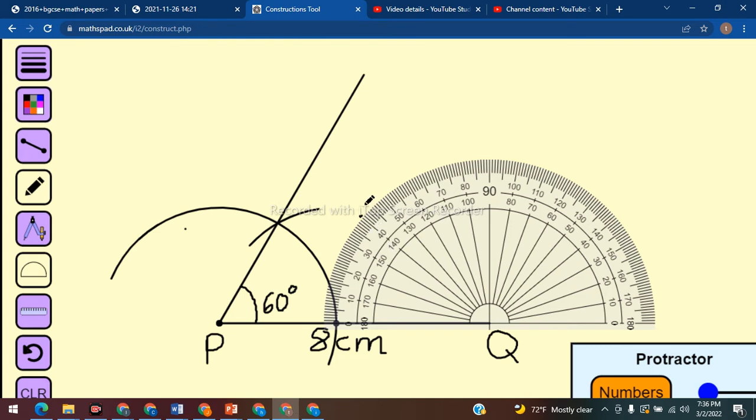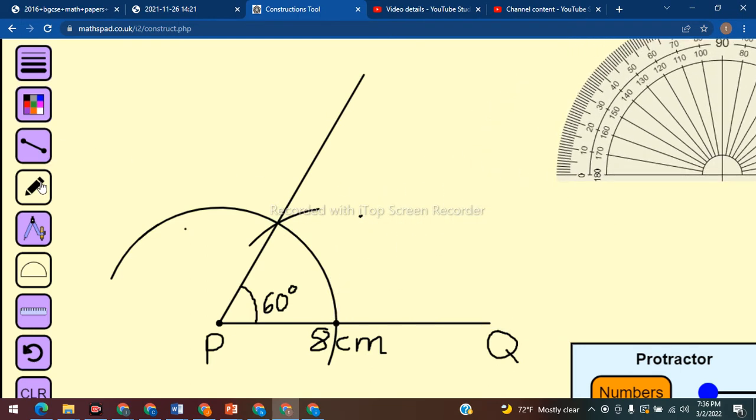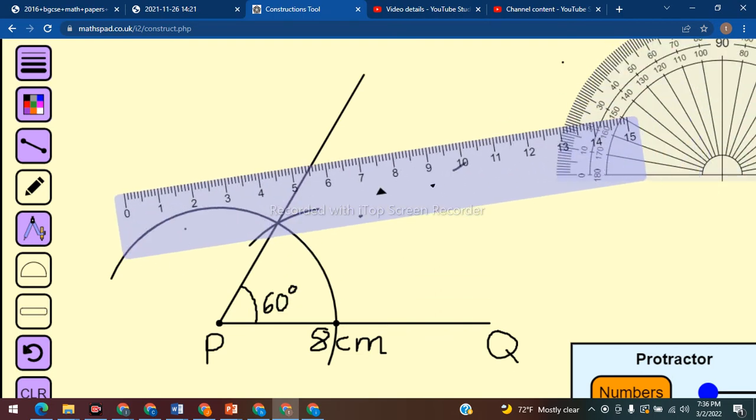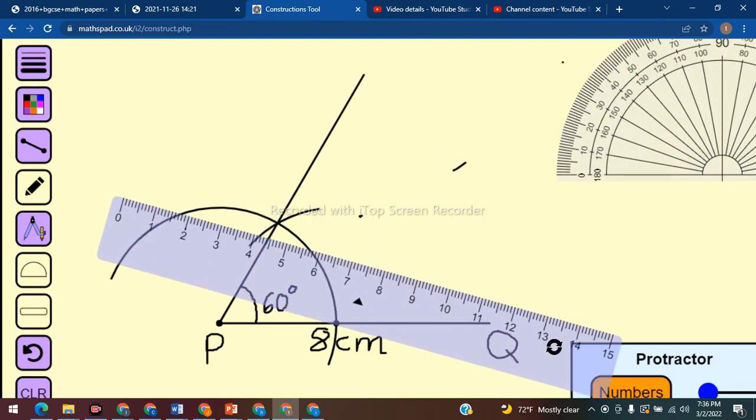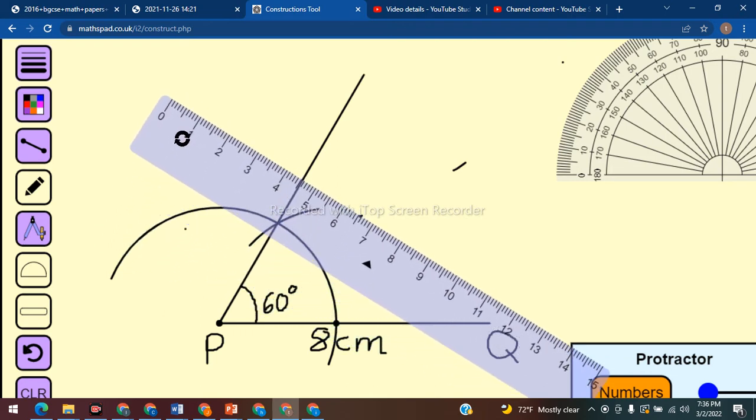So 40 should be more so in the middle there. Okay, so after you make that mark, you're going to get your ruler, and you're going to start at Q and draw a line straight through it.